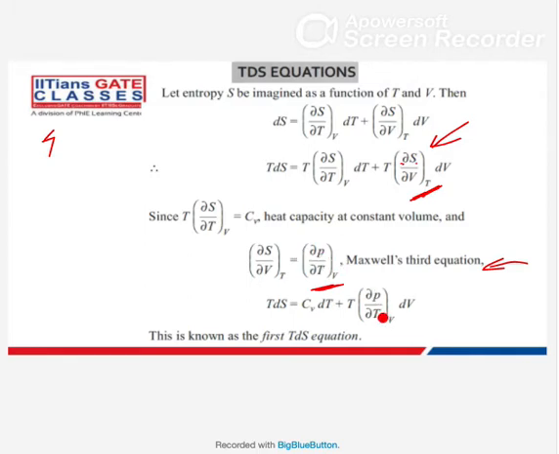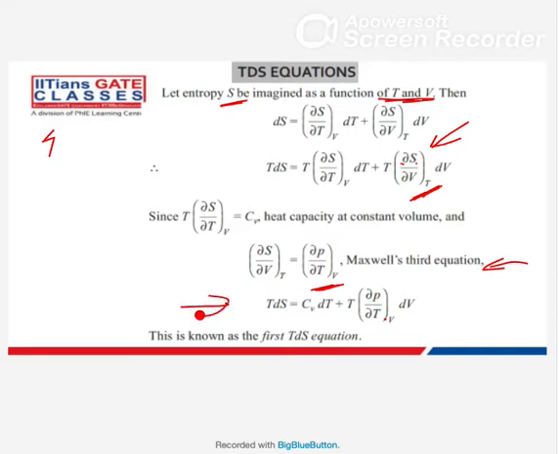Why do we replace it? Because we assume entropy S is a function of temperature and volume, and we want the pressure, temperature and volume relation in the TdS equation.